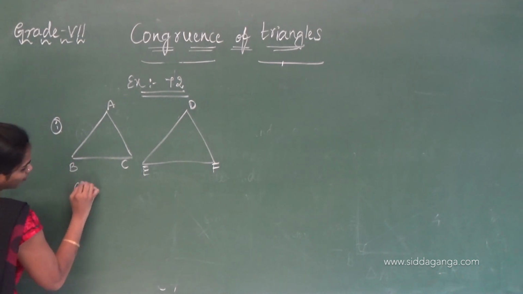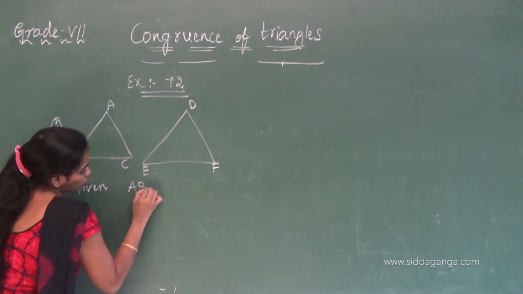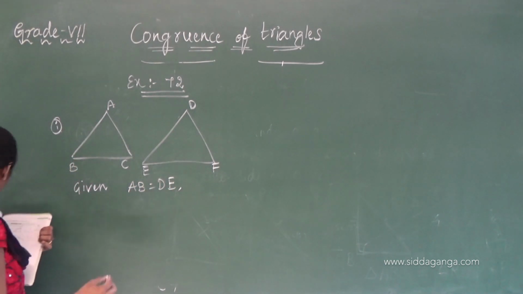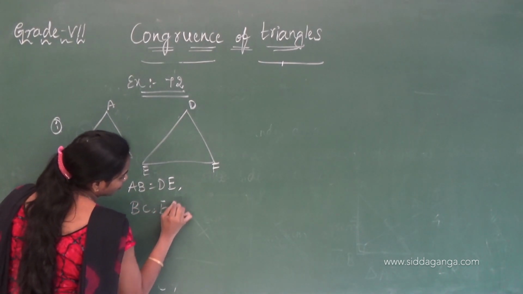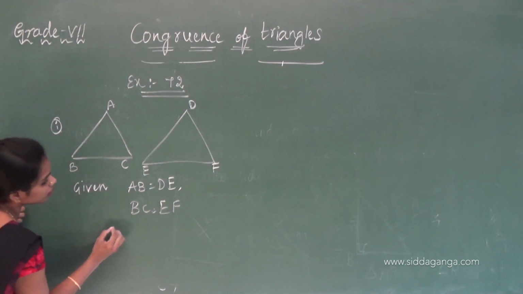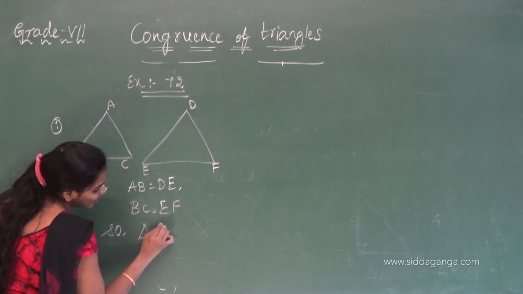Given, they are giving AB equals DE, BC equals EF. See the textbook, then you can write the question easily.